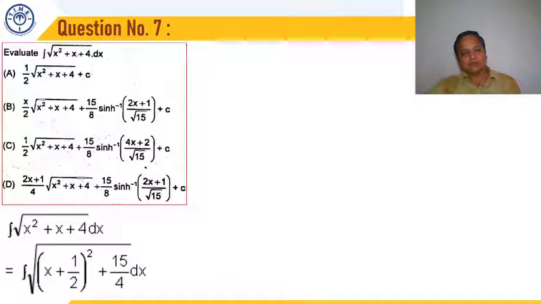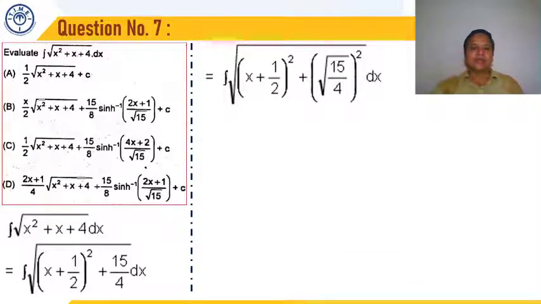The coefficient of x² is 1. Whatever the coefficient of x, we divide by 2 and then add and subtract its square to make the first term a whole square. So it comes out to be (x + 1/2) whole square plus (√15/4) whole square, that is (√15/2) whole square.